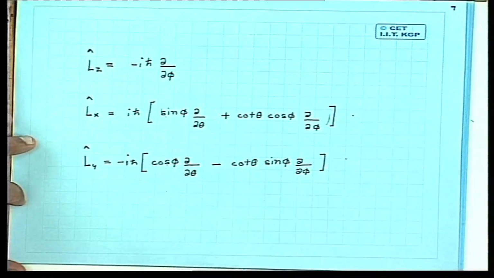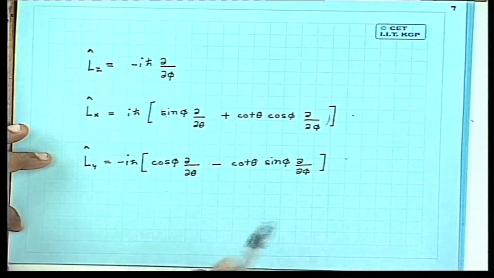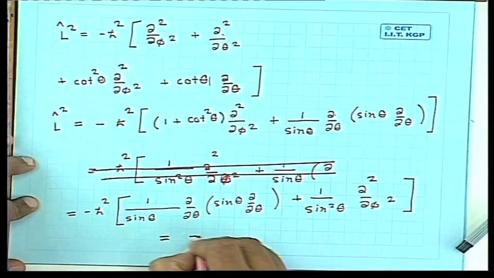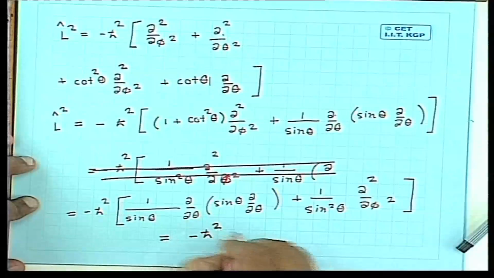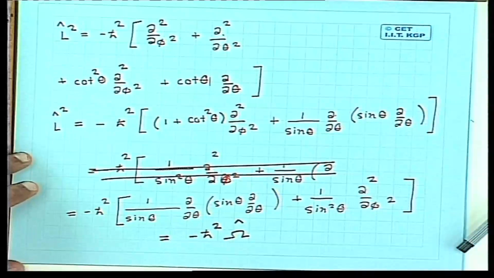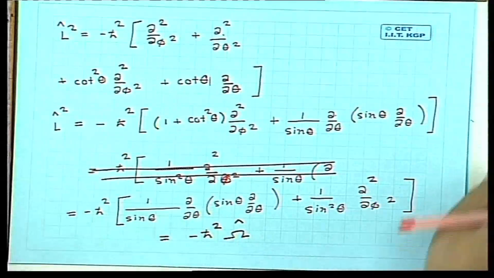If you convert the angular momentum to operators in quantum mechanics, and then calculate L squared, the square of the angular momentum operator, we find that L square comes out to be equal to minus h cross square into the same operator omega, which appears in the Schrodinger equation for a particle in a spherical potential.